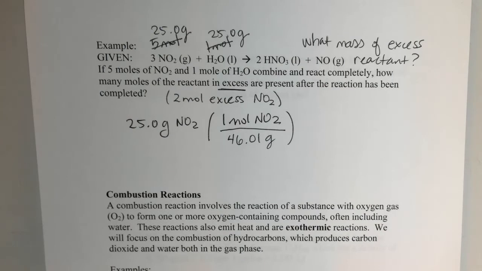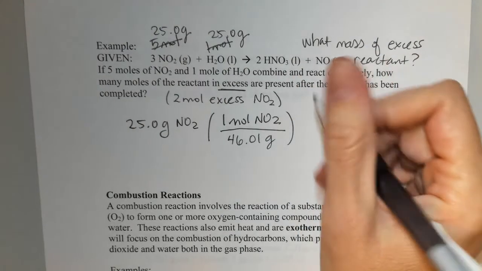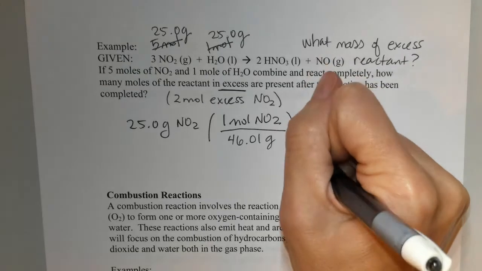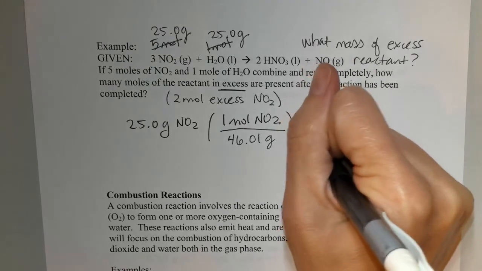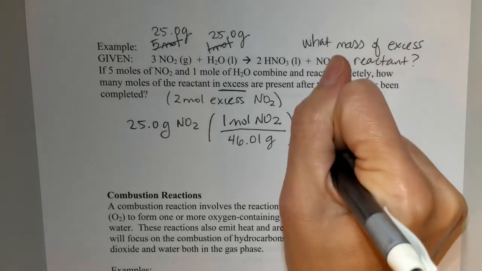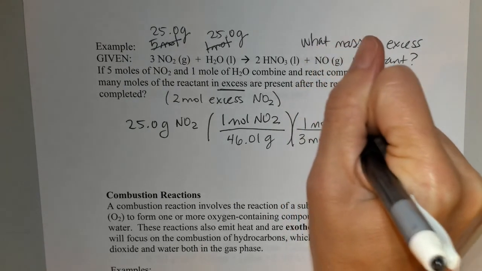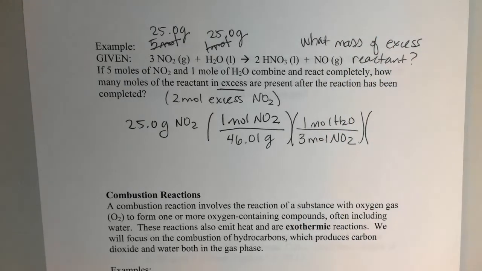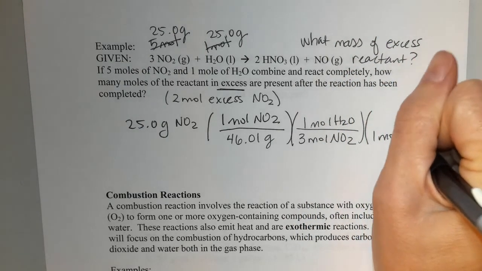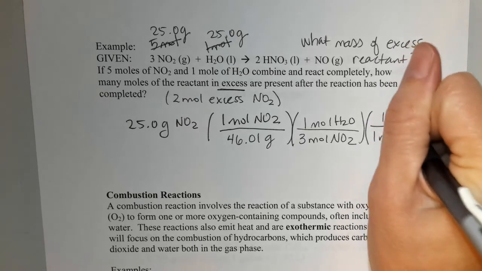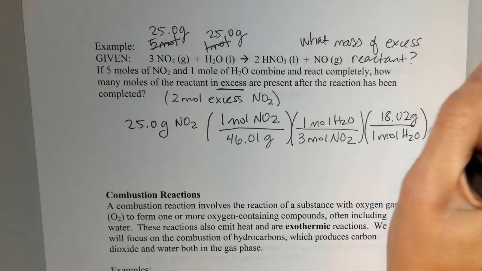And this will tell me how many moles of NO2, but what I'm going to do is go ahead and compare it to the H2O. So for every 3 moles of NO2, I need 1 mole of H2O. Then 1 mole of H2O is 18.02 grams.